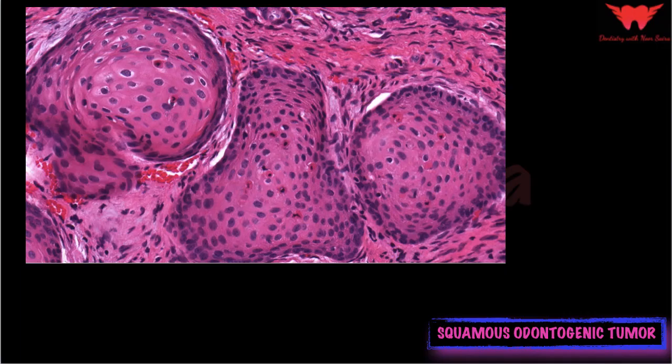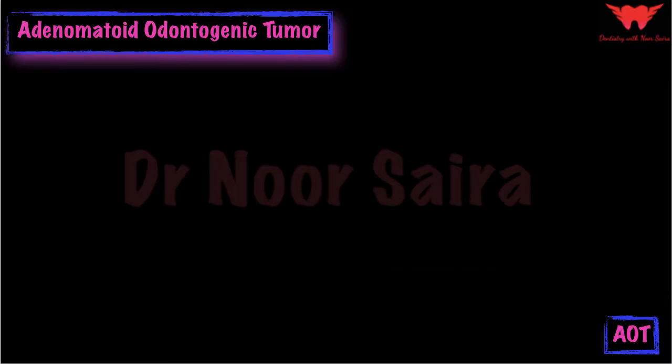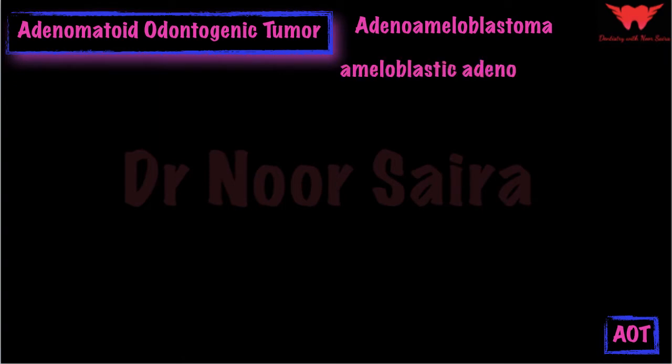Another very interesting tumor is the adenomatoid odontogenic tumor. It's also called the adenoameloblastoma or ameloblastic adenomatoid tumor. The adenomatoid odontogenic tumor is a relatively uncommon, well circumscribed odontogenic neoplasm characterized by the formation of multiple duct-like structures by the neoplastic epithelial cells.